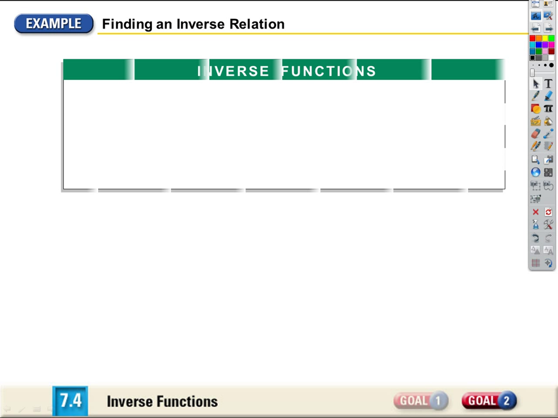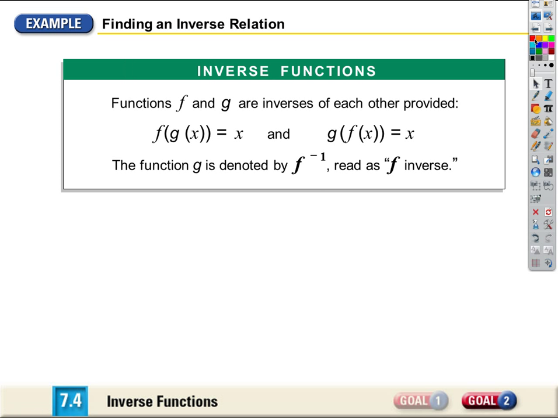Okay? So if those are inverses, then they have to undo each other when I take f of g, when I write a composition of the two. So if I evaluate the function f at g of x, so I'm putting g of x into the function f, I have to get back the answer x.